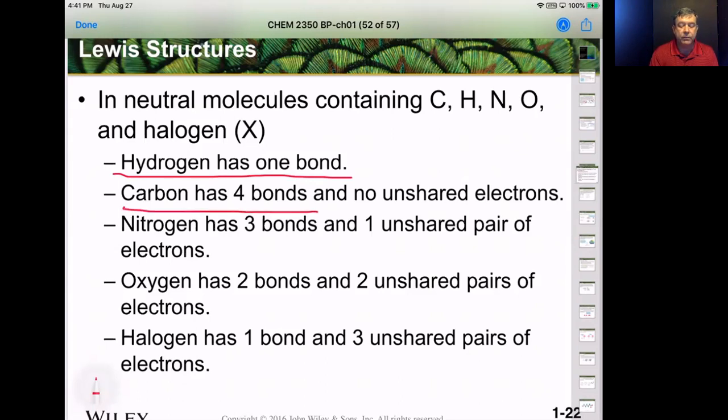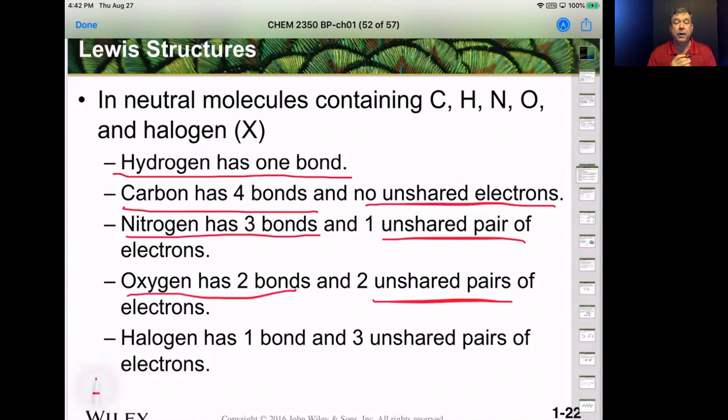Carbon will always have 4 bonds and no unshared electrons in all the Lewis dot structures we'll be drawing in this class. There are rare occurrences, but we're not going to talk about those. Nitrogen will always have 3 bonds plus 1 lone pair. Oxygen always has 2 bonds and 2 lone pairs.